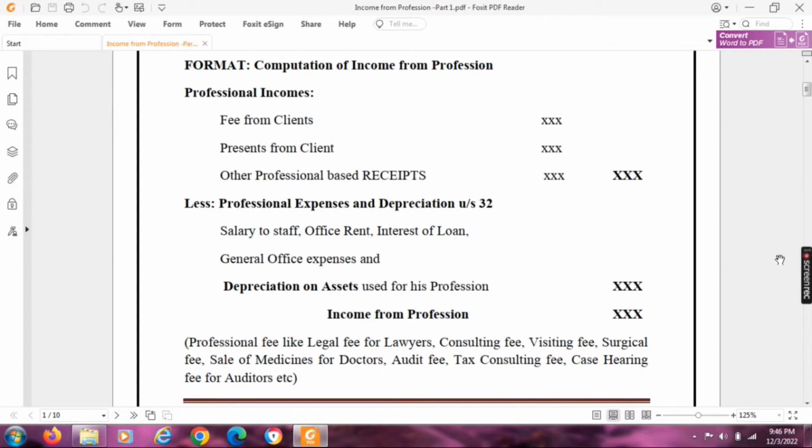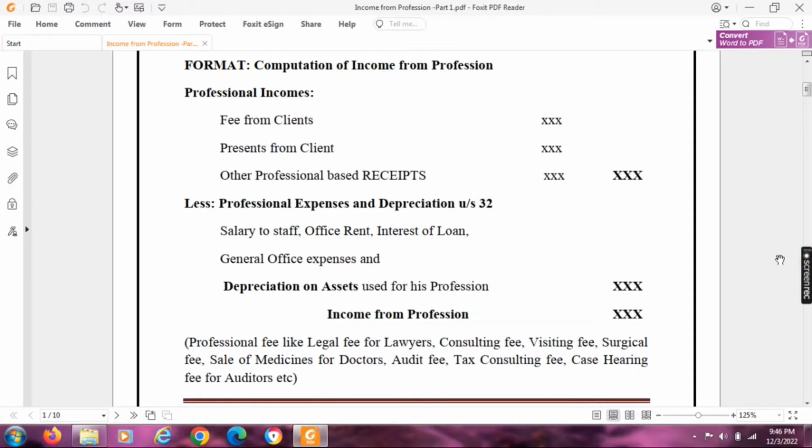Okay, first step, we have to consider only the professional incomes of the persons. Fees from the client, not customer, client, and patients for doctors. Okay, and presents from clients. Other professional based receipts.